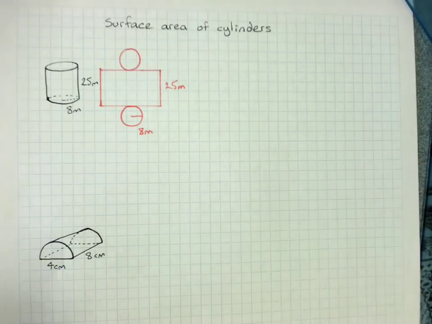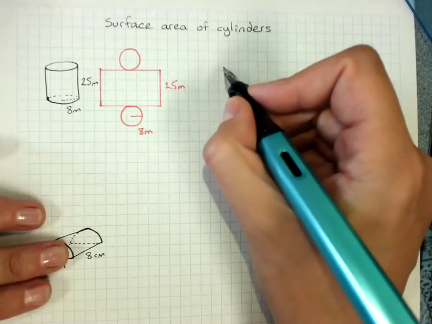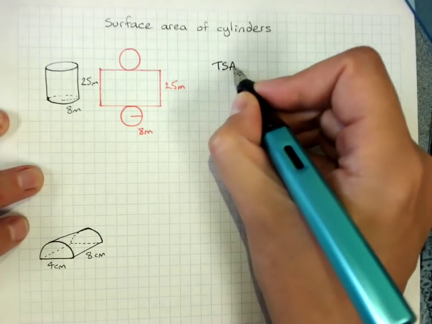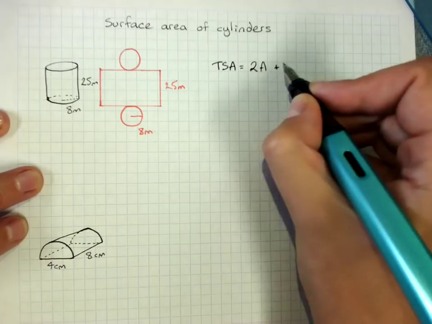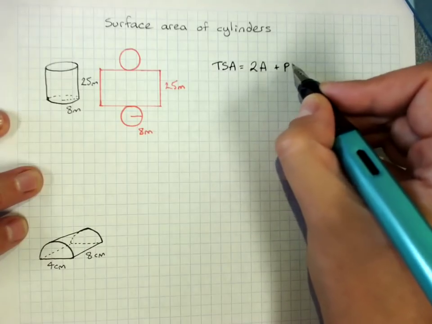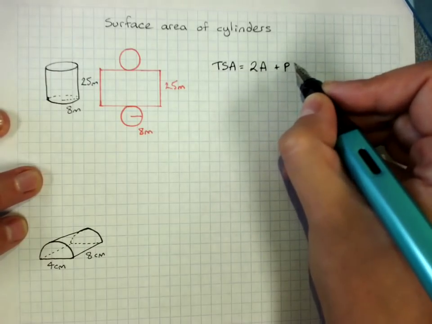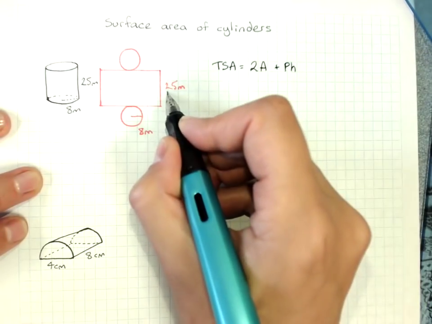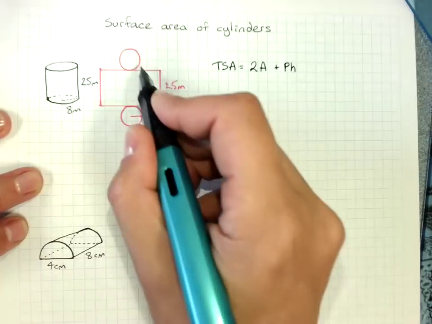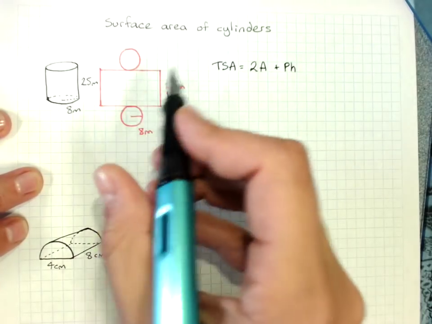Now, if you remember my formula for finding the surface area of any prism, that will be 2 times the area plus the perimeter of the cross-sectional shape times the height of the prism. So this is the height of the prism, the distance between the 2 identical shapes.